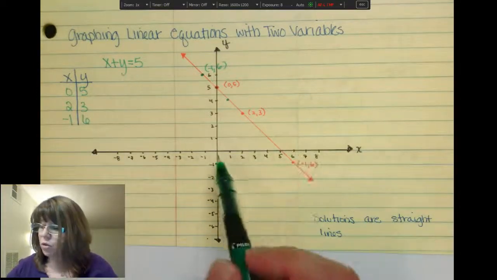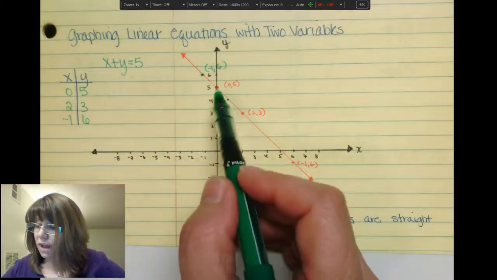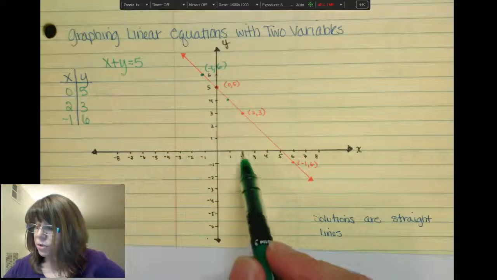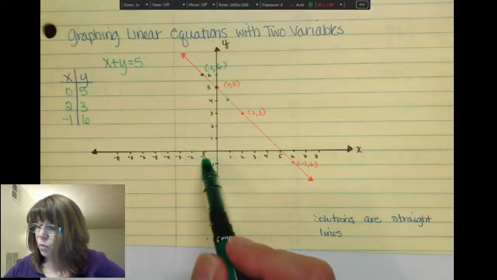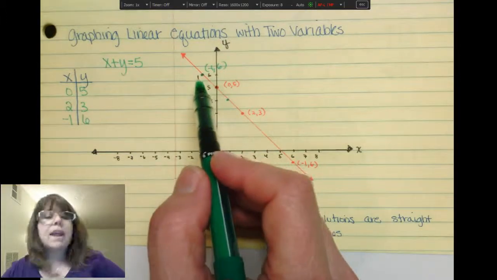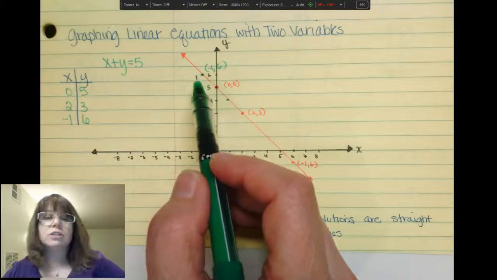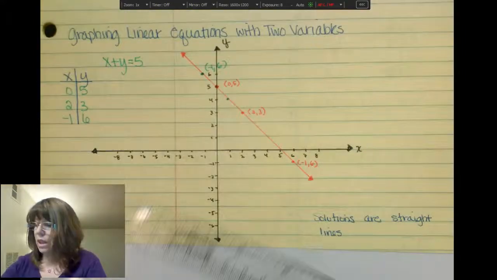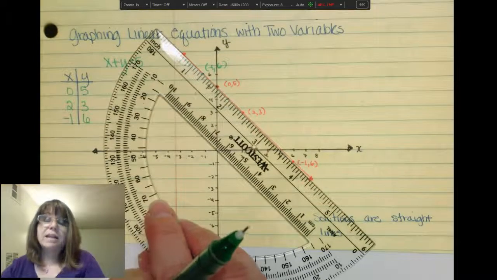And then I go over to my graph and I plot each of those points. So (0, 5), (2, 3), and (-1, 6). And by using those points, I'm going to take a very nice edge, like a ruler, and I'm going to connect those dots, and I'm going to do it the best that I can.